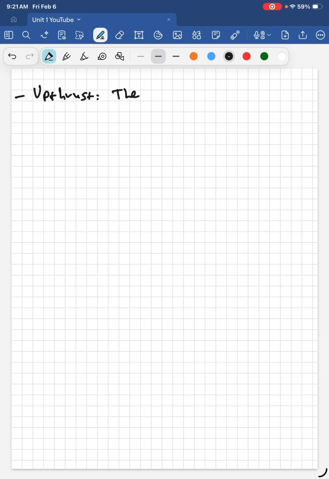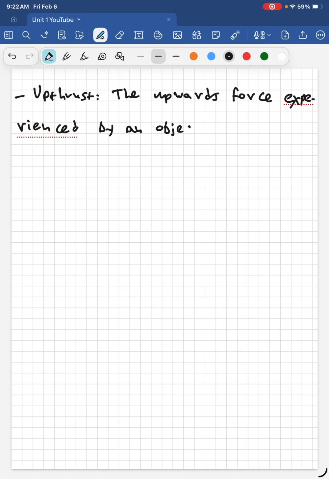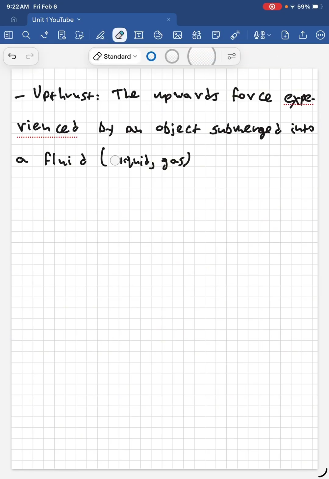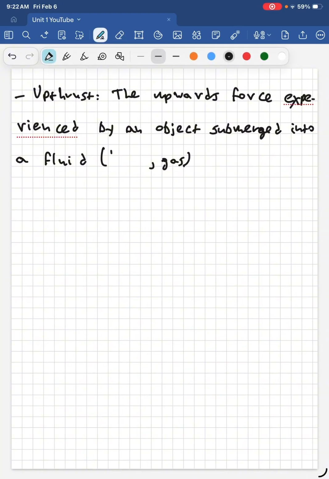It's the upwards force experienced by an object submerged into a fluid. And it can be a liquid or a gas. Remember, we just talked about the hot air balloon, which floats, right? Okay.